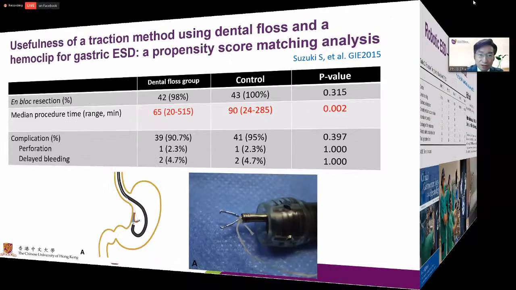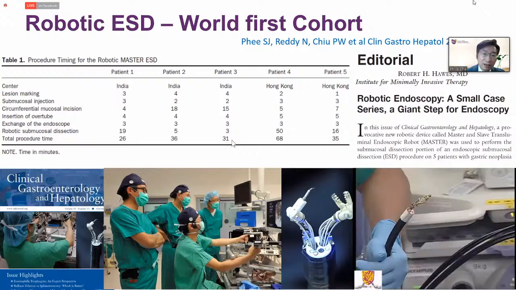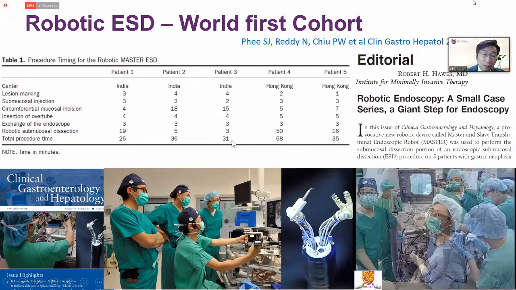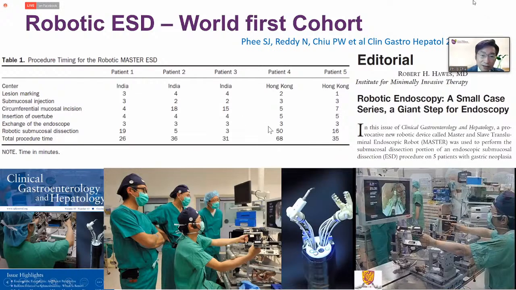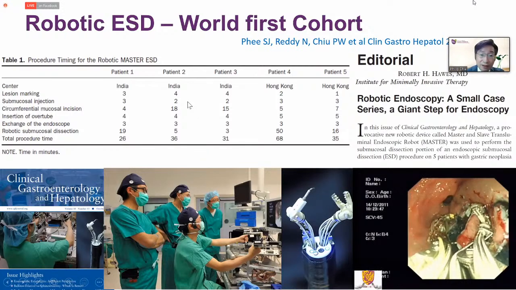And I think you probably also know that in collaboration with National University of Singapore and also Nanyang Technological University, we developed the robotic master technique for performance of the ESD. So this is a robotic system, and we conducted this clinical trial in India at Hyderabad at Professor G. V. Rao's unit, and also at the Chinese University of Hong Kong.